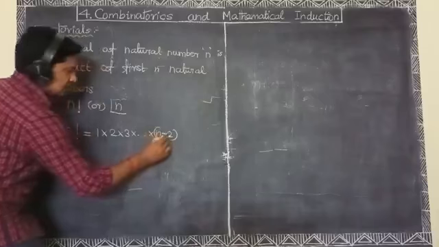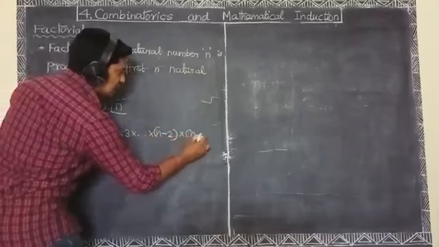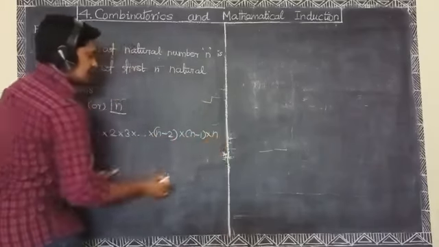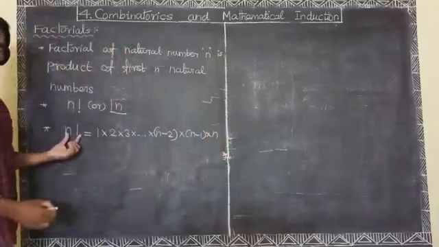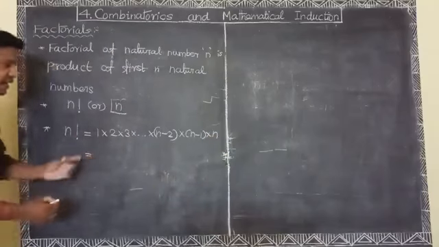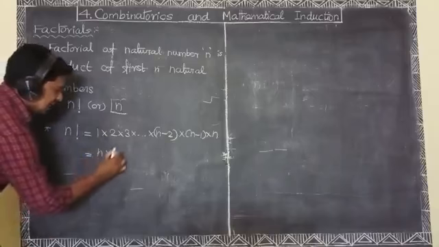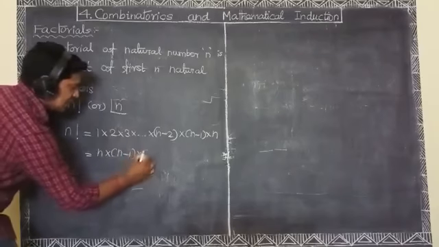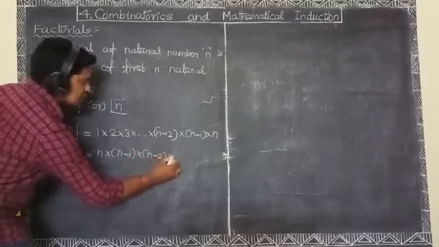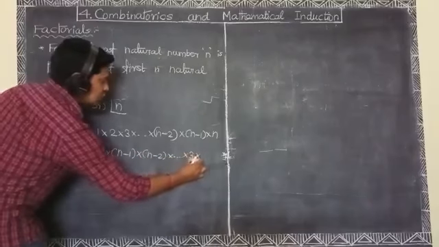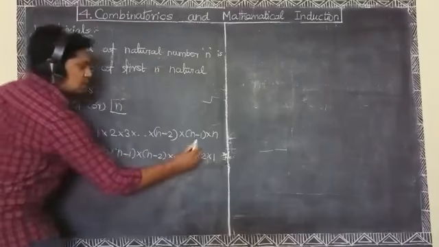This is n factorial. Here, n into n minus 1 into n minus 2 and so on, into 3 into 2 into 1, gives the same result in both cases.